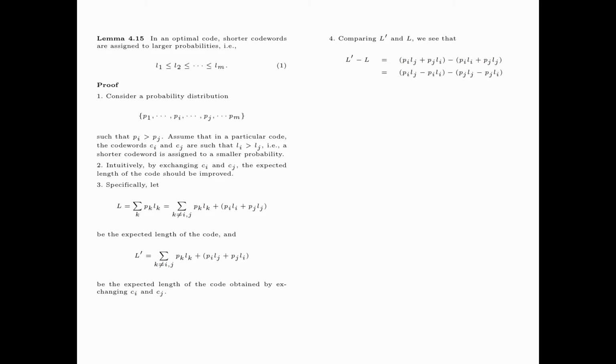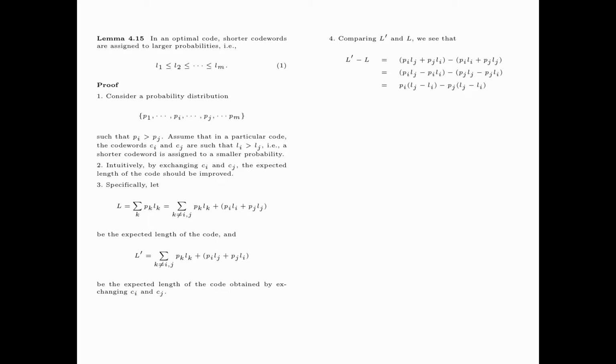Rearranging the terms, we have pi lj minus pi li minus (pj lj minus pj li). Now factorizing out pi, we have pi times (lj minus li).